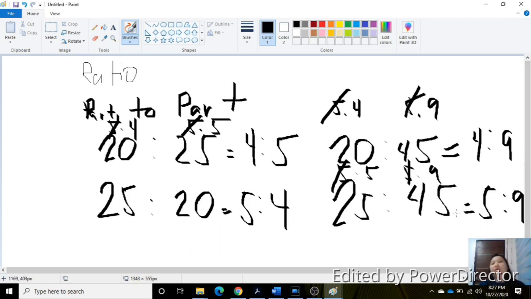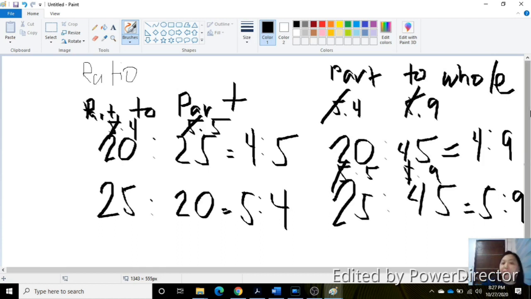Yan yung ratio niya, pinaliit na ratio. So, that is the difference between part to part tsaka part to whole.